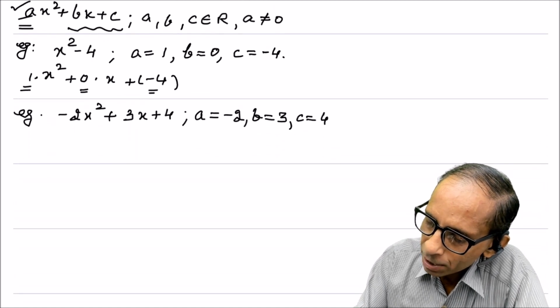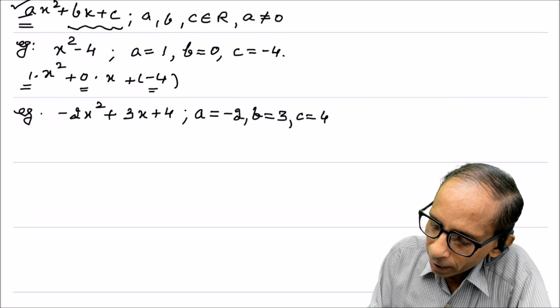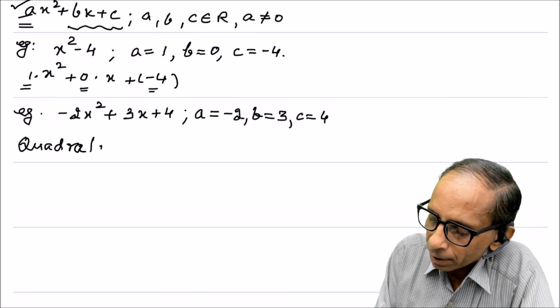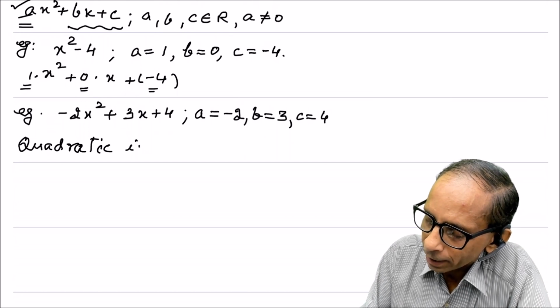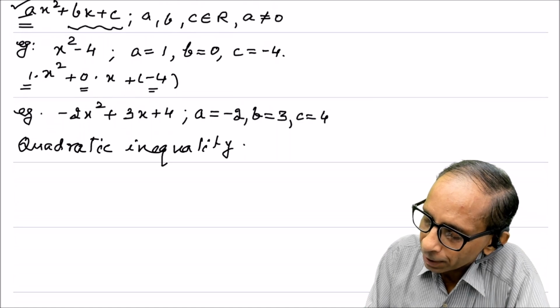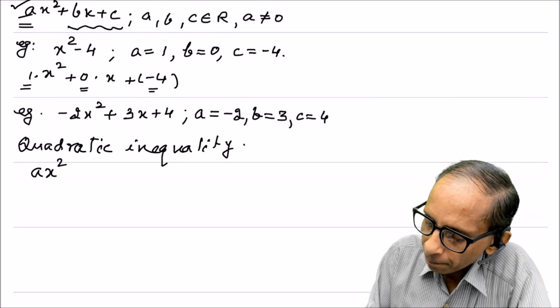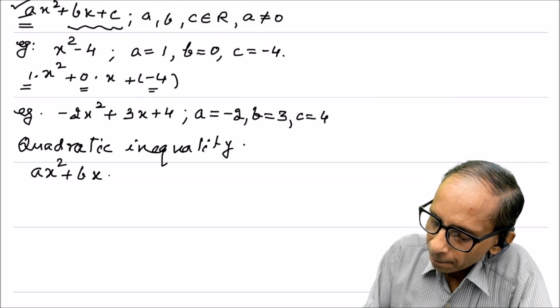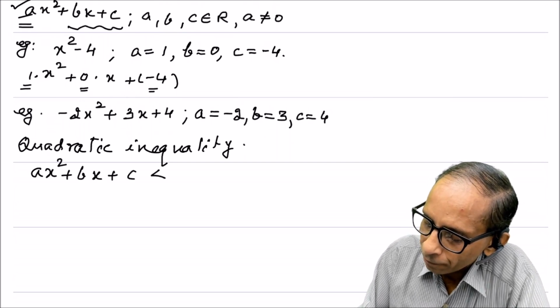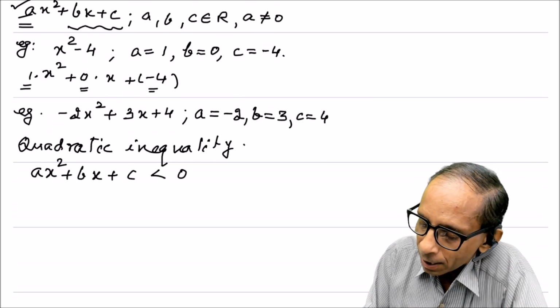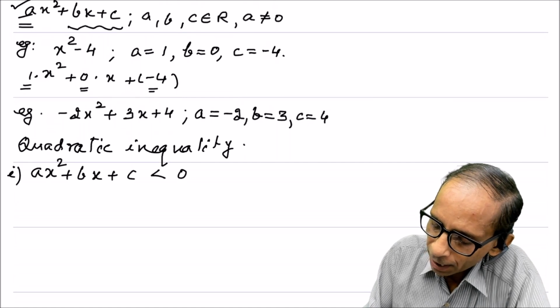What we are going to consider now is a quadratic inequality. That is, we will be taking up a quadratic expression and comparing it with 0. Ax square plus bx plus c, when we compare it with 0 by a less than symbol, this is the first case of a quadratic inequality.